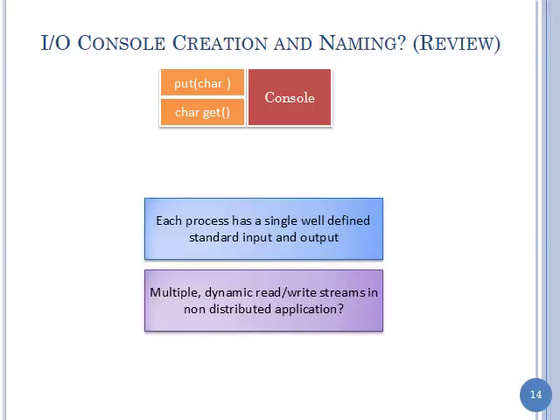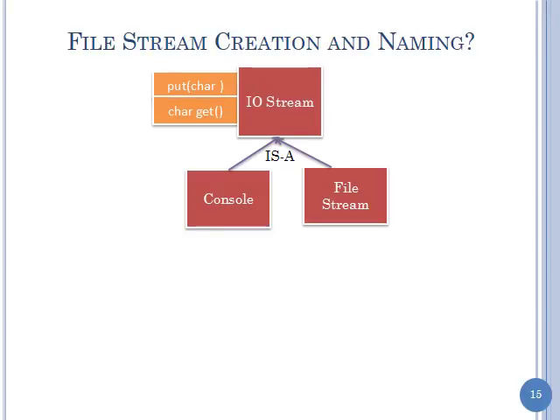Now when do we have this kind of buffer that you can put to and get from, this file object, essentially the file interface? Are there examples of classes that have multiple instances of this? We saw that too: we can think of this as an IO stream object. That's the interface or the abstract class, if you will, and console was a subclass of it, and the file stream is another subclass of it.